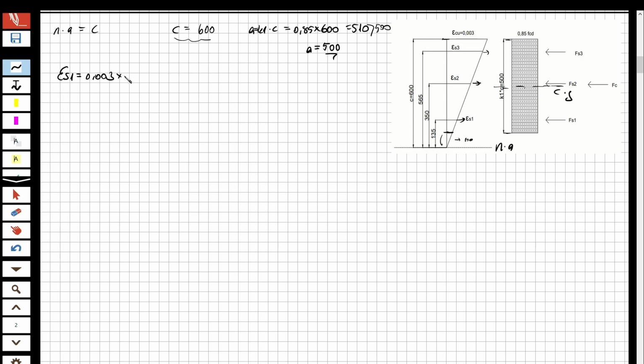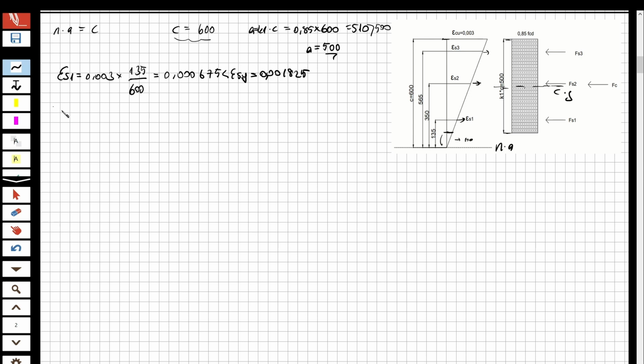0.003 multiplied by 135 over the C value, and this is equal to 0.00675. It is smaller than epsilon sy, which is equal to 0.001825.